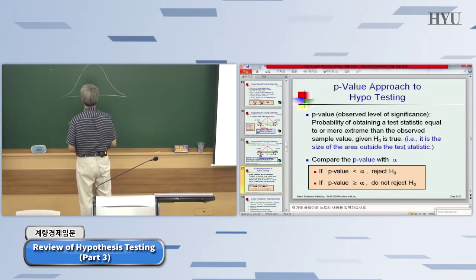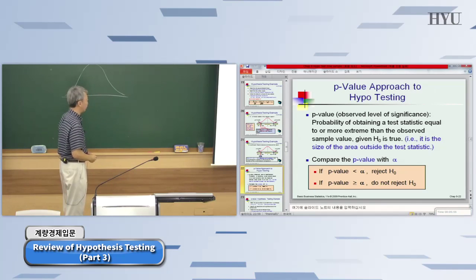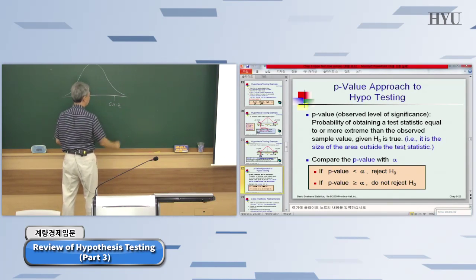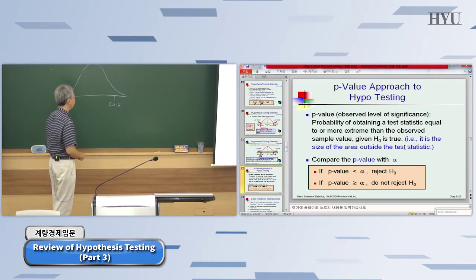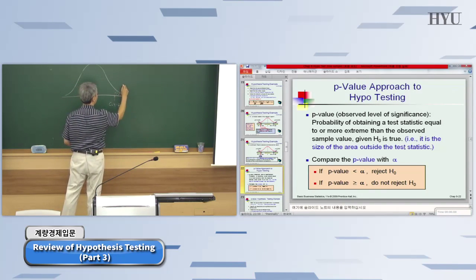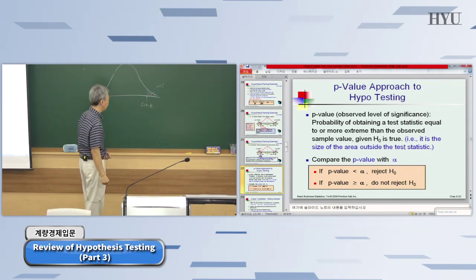In the critical value approach, we found the critical z-score by assigning, say, 0.025 area.